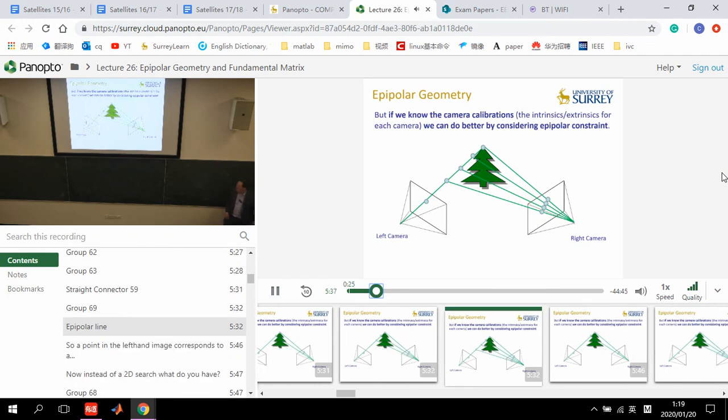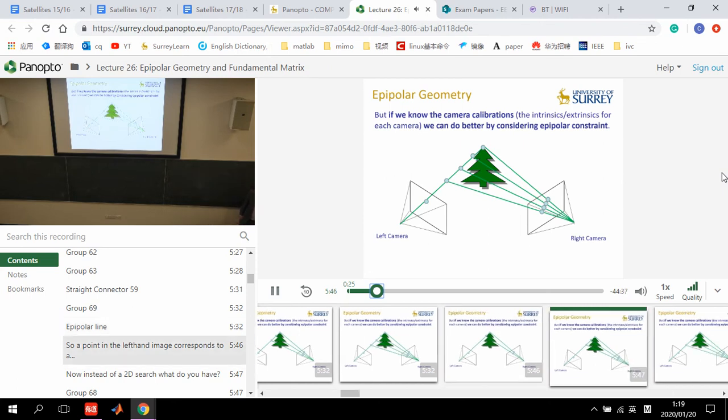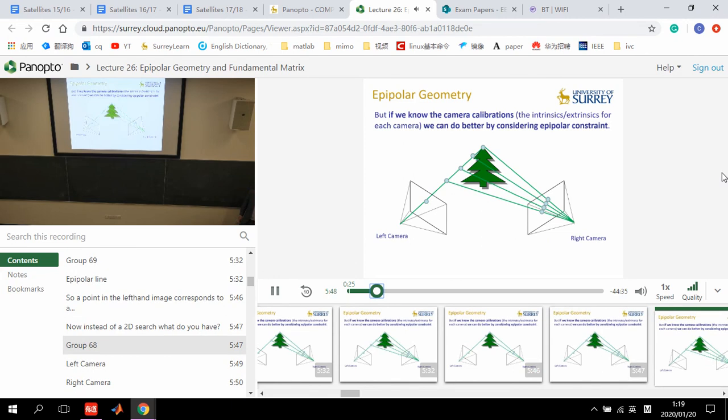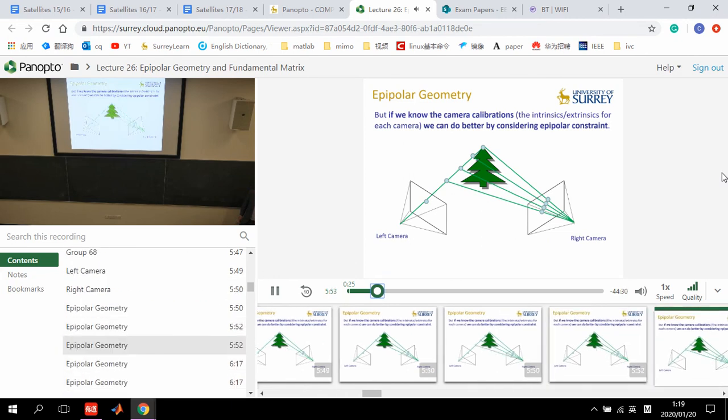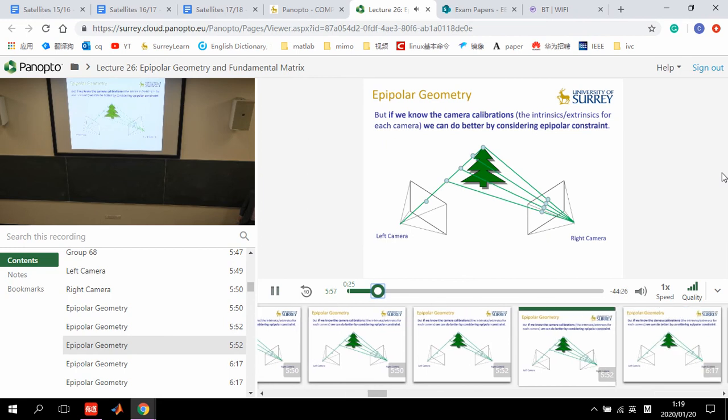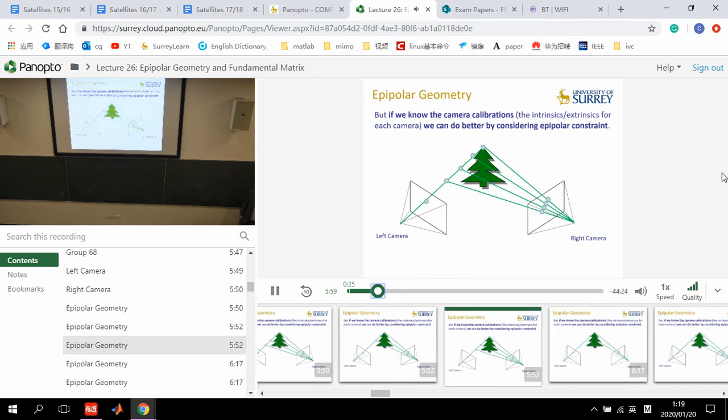But if we were to look at that point from the right-hand camera, all of those possible locations that the point could be in space that we've discerned from the left-hand camera would lie upon a line. And that is the line of that light ray imaged from the right-hand camera.